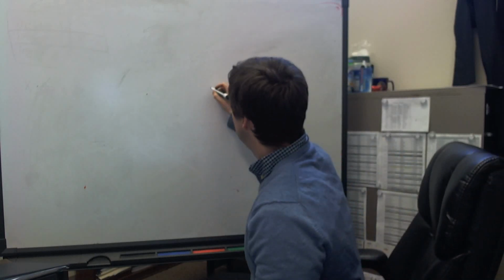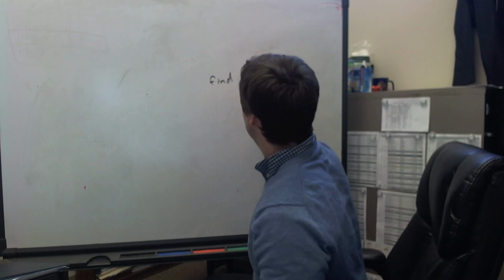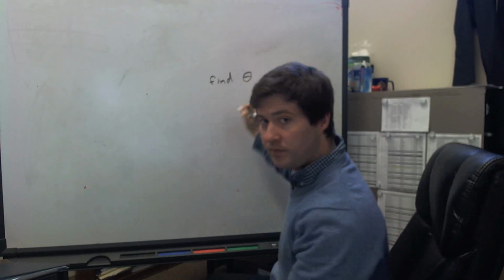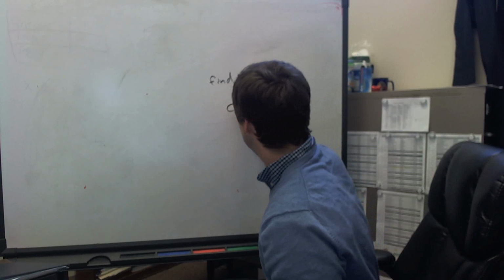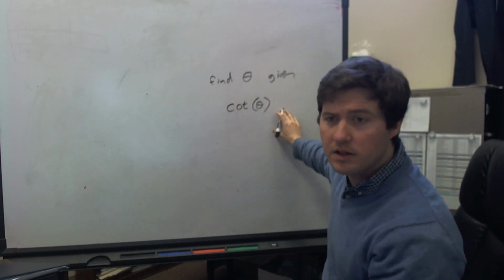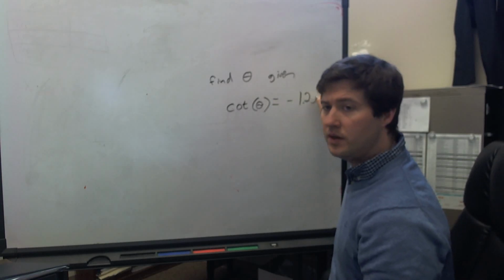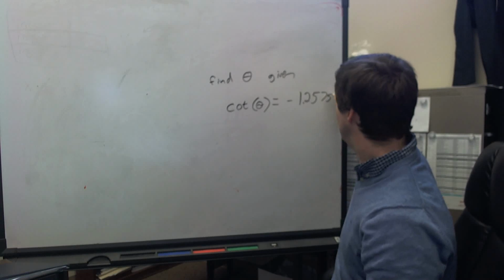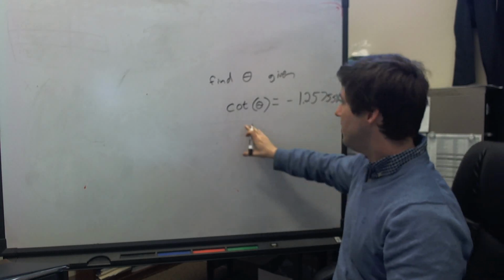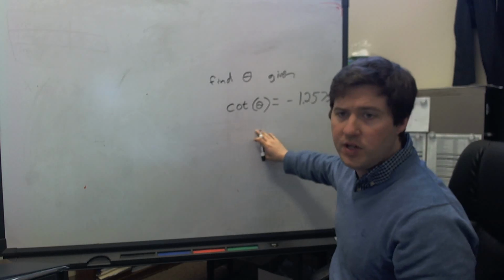So the example is: find our angle given cotangent of theta is equal to negative 1.2575516.